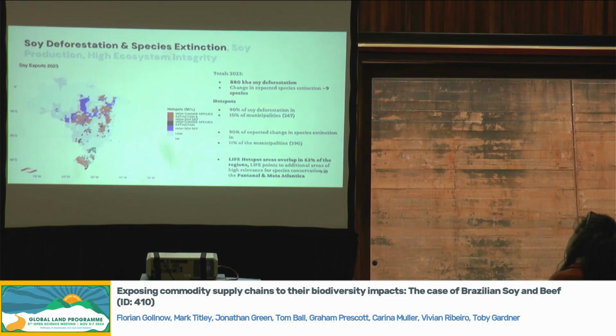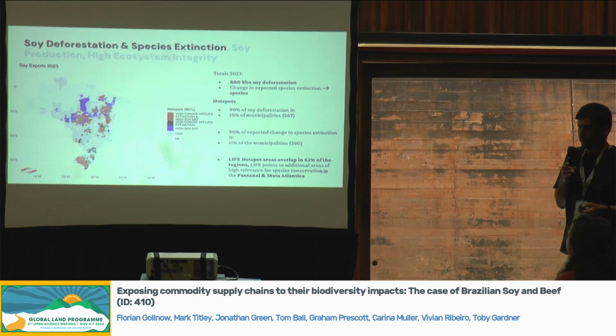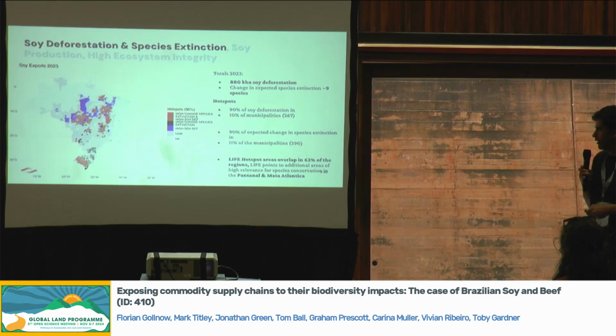Do we find additional regions which are not highlighted by soil deforestation but by species extinctions? 90% of soil deforestation can be located in 10% of the municipalities, so it's really a small region where the impacts are. And for species extinction, it's 11% of the municipalities where most of the 90% of the extinction happens.